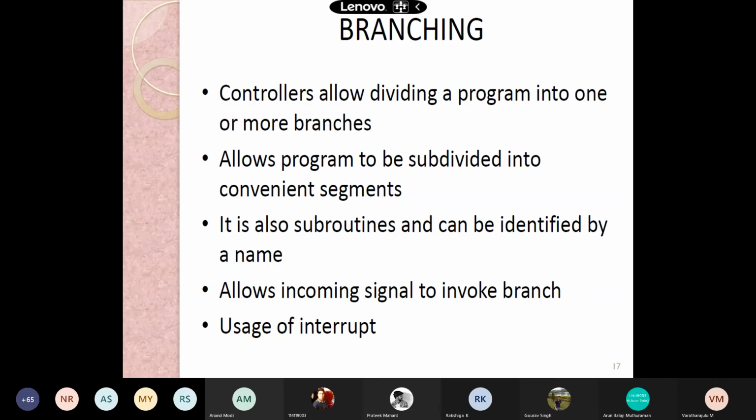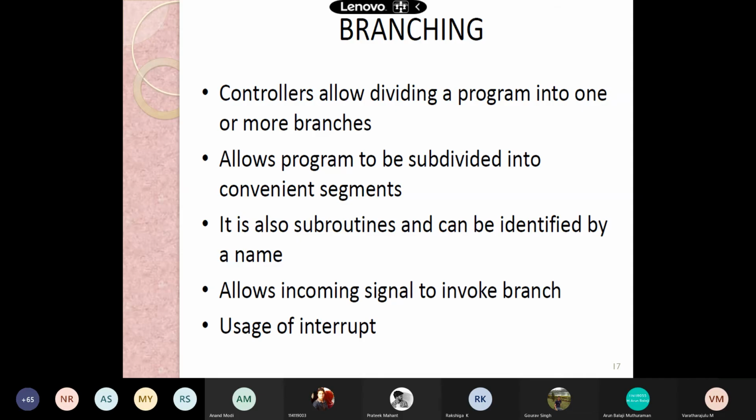However, most controllers allow a branch to be assigned one of a pre-established group of names, and permit the use of incoming signals to invoke a branch. Most controllers allow users to specify whether the signal should interrupt the branch currently being executed, or wait until the current branch completes.